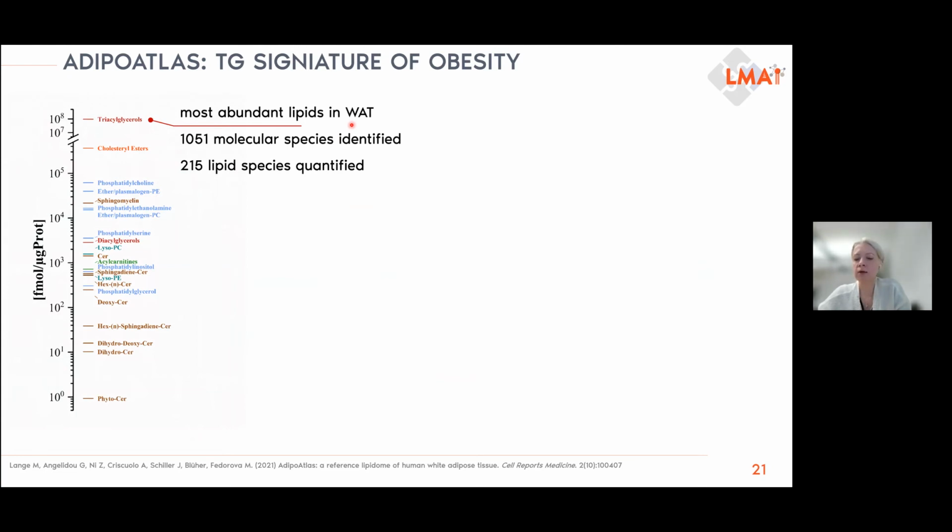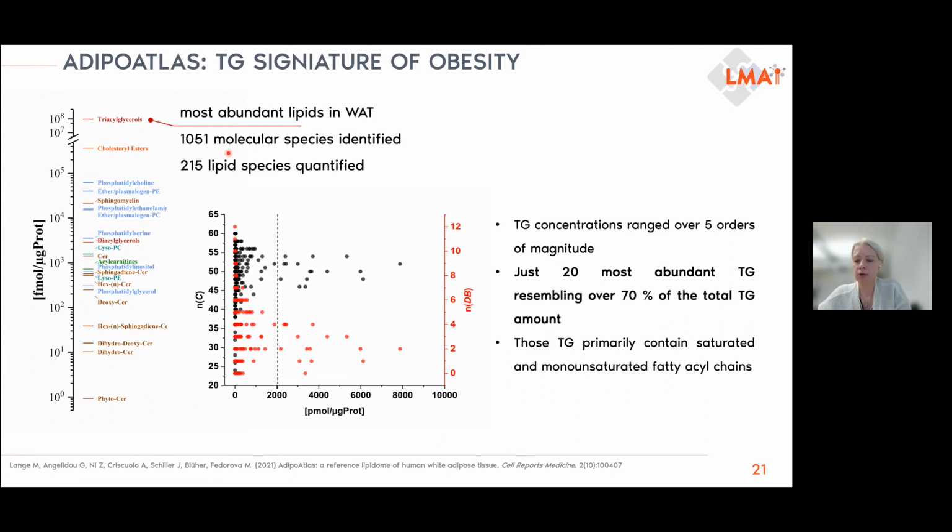But this class is super chemically diverse. We identified from triacylglyceride alone more than 1,000 molecular species, combinations of different acyl chains. And then we quantified them on the species level, because this is really a composition which is very hard to accurately resolve. But the interesting fact, when we looked at our quantitative data, is that 70% of the total abundance of triacylglyceride in the human white adipose tissue can be explained by just 20 species.